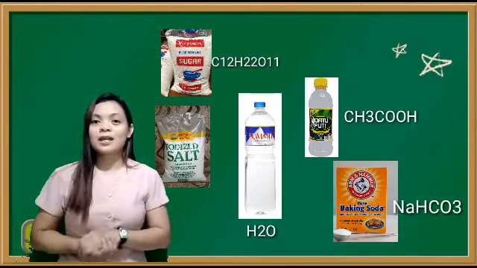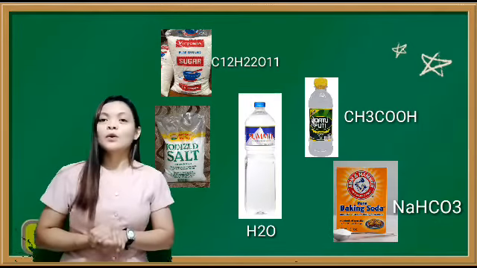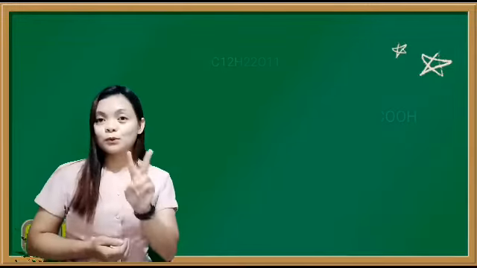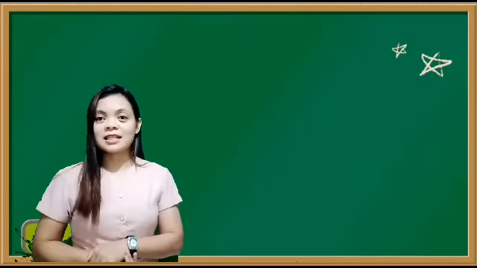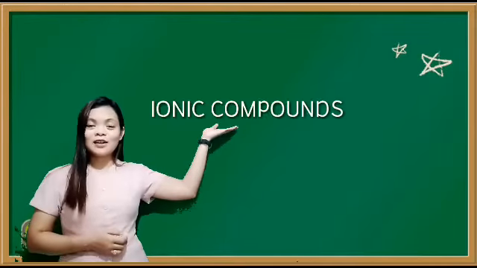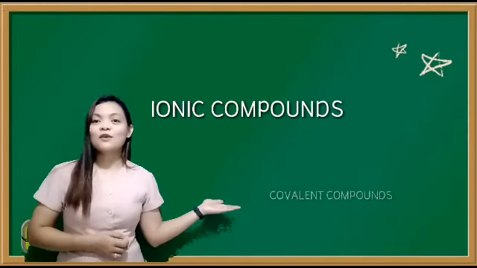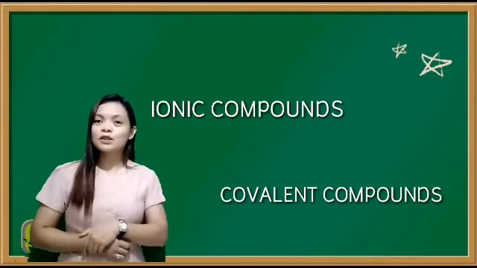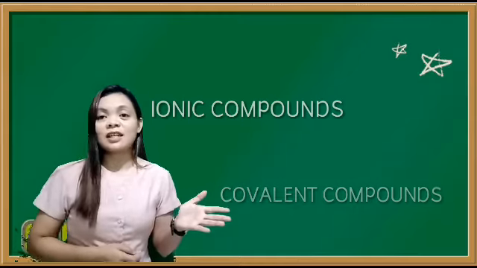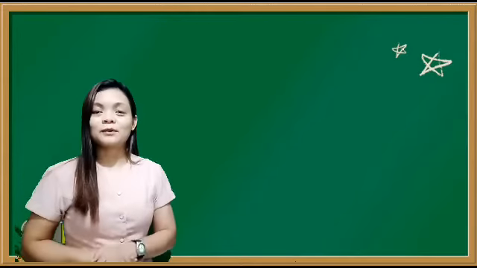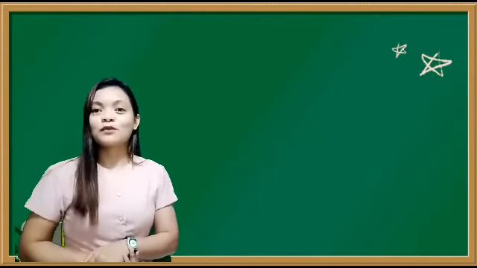We have different ways that we can group them, but actually, we can classify them in just two in chemistry. That is, either ionic or covalent compound. So how do we know if it is ionic or covalent? That is our goal for today.